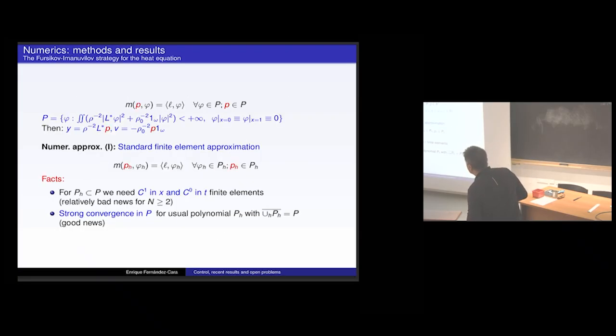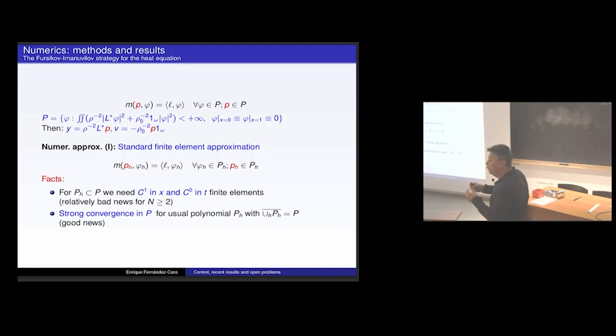So, standard finite element approximation, as I have said, of this problem needs a subspace in which we must have C1 in x and C0 in t finite elements. This is easy if n is equal to 1. For a one-dimensional problem, this is completely well understood.